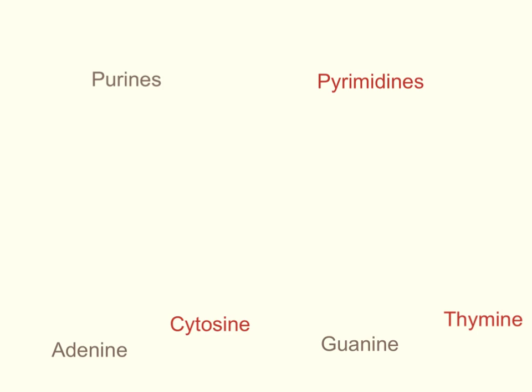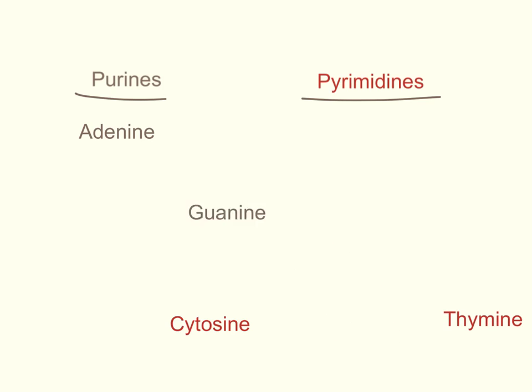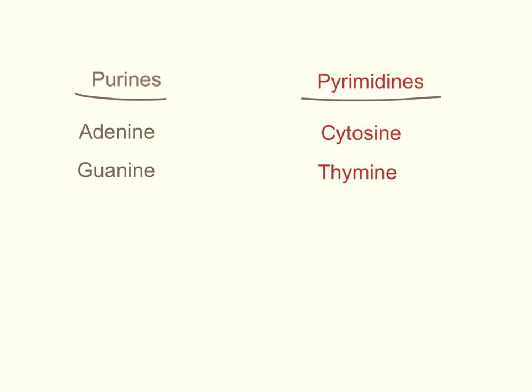In DNA, there are two types of bases, the purines and the pyrimidines. The structure of DNA is designed so that there is one purine that matches up with one pyrimidine. Now, the purines are adenine and guanine, and the pyrimidines are cytosine and thymine.